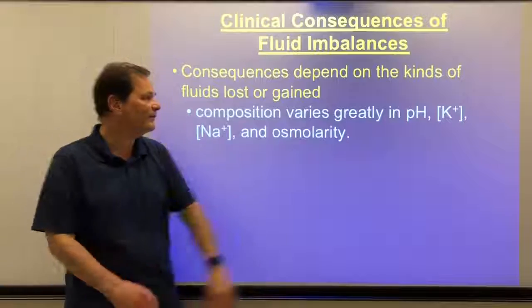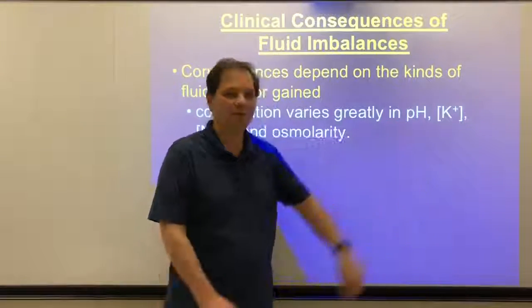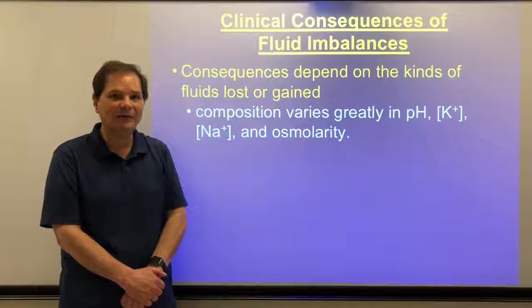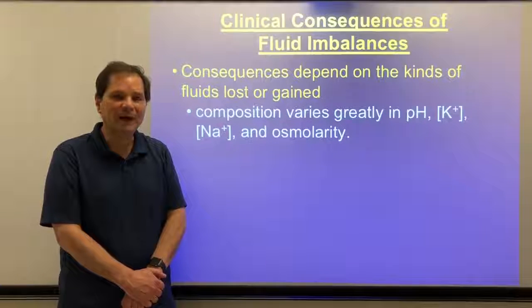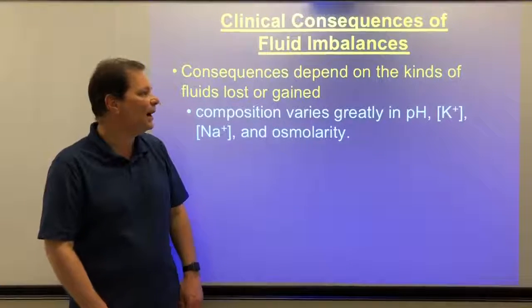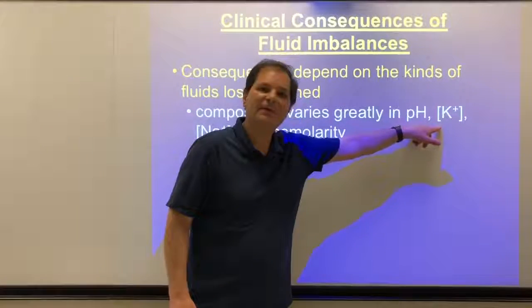For instance, if the pH of what you're losing is low, like vomit, well, you're losing a lot of hydrogen chloride. You're vomiting up and losing a lot of hydrogen ion, and so that's going to raise the pH of your body. The same thing goes with potassium.